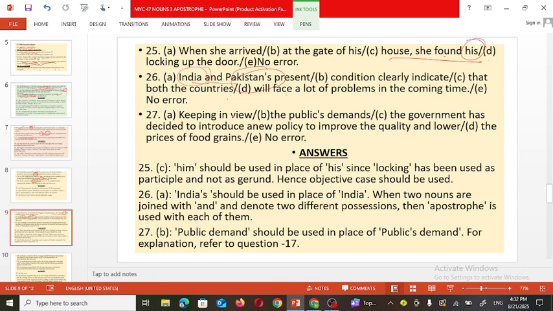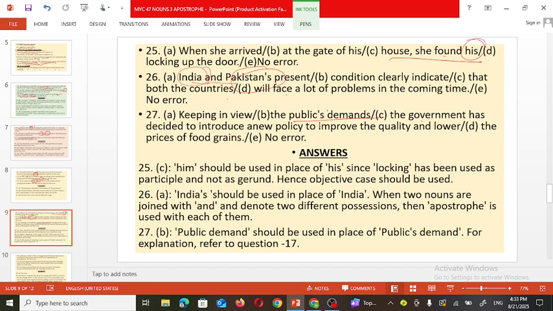Next one. Keeping in view the public demands, the government has decided to introduce a new policy to improve the quality and lower the prices of the food grain. Keeping in view the public's demand. So only public demand is enough.